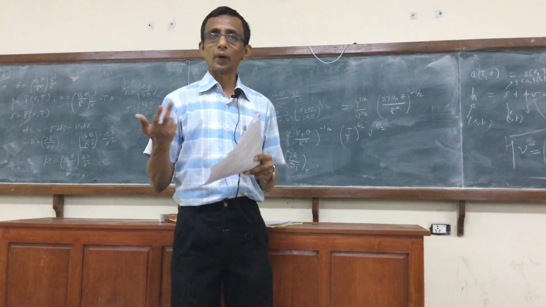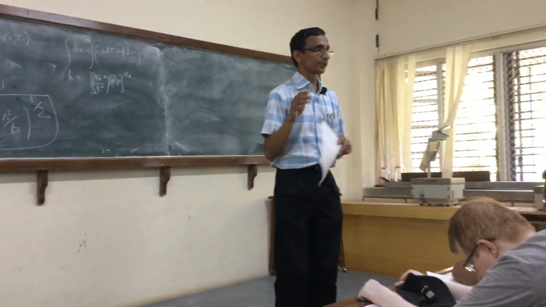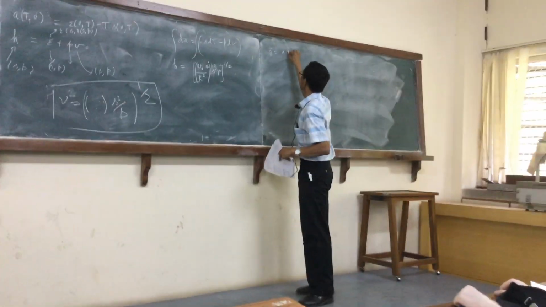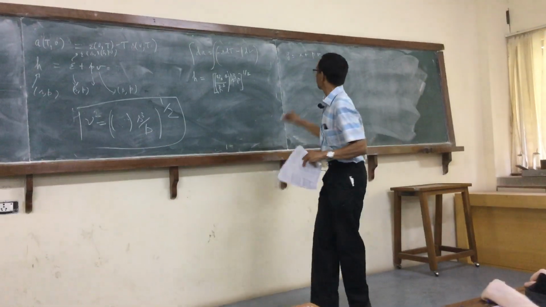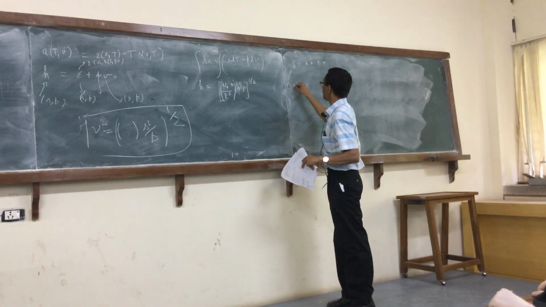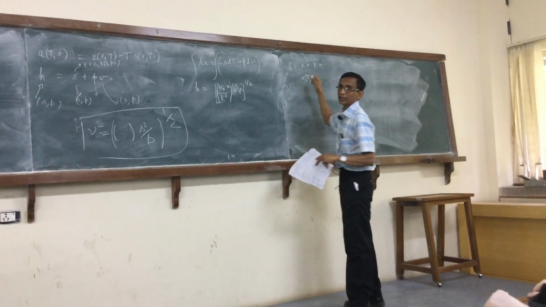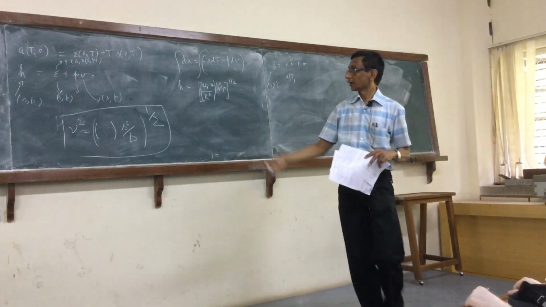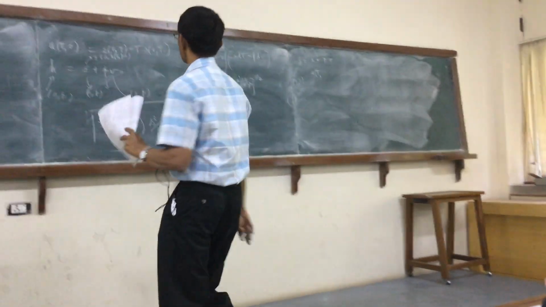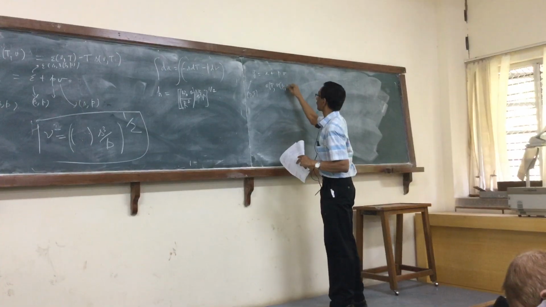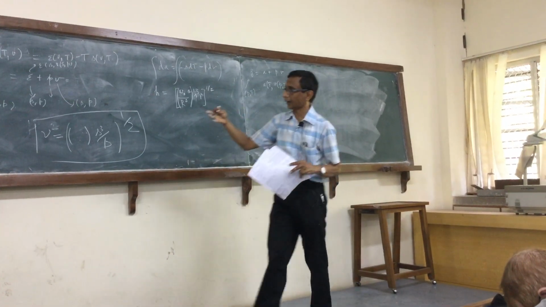Now the other one, G, has been defined in several ways, right? But one easy way would be to note that G is A plus PV. Now G I want as a function of T and P. So A already is a function of T and V that we have. Right? I might not have written it clearly, but we have that. And so what I want is V as a function of T and P. That is already there.